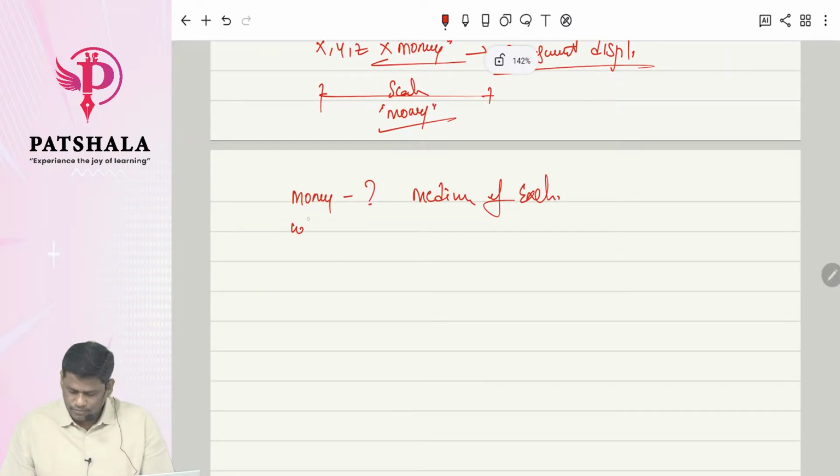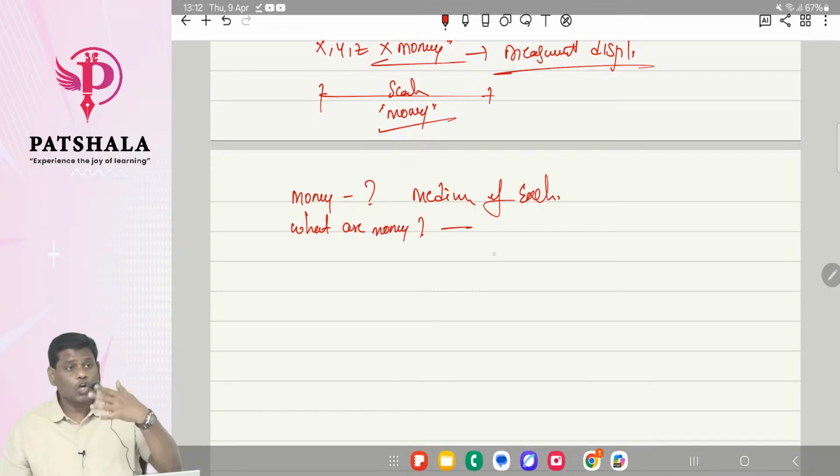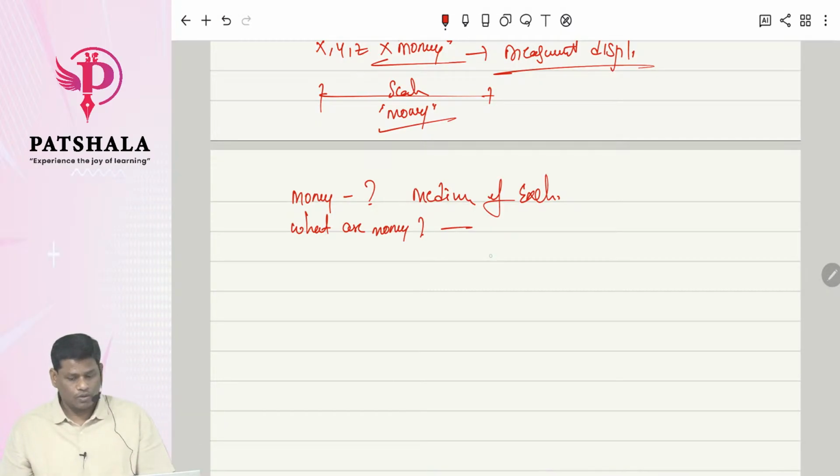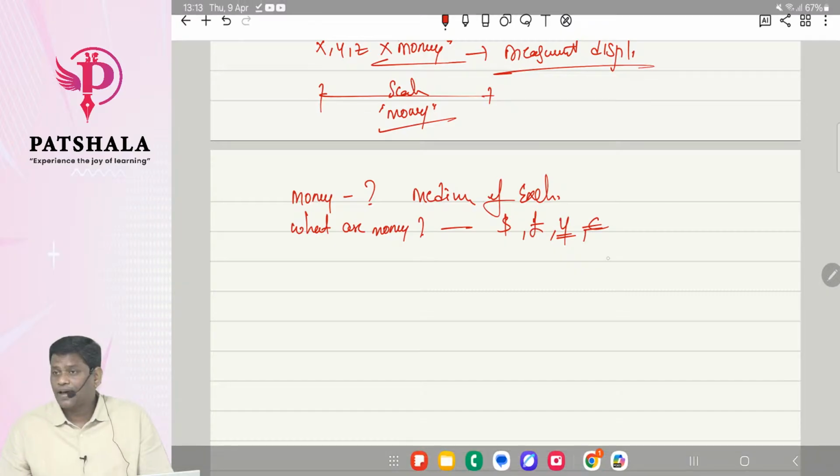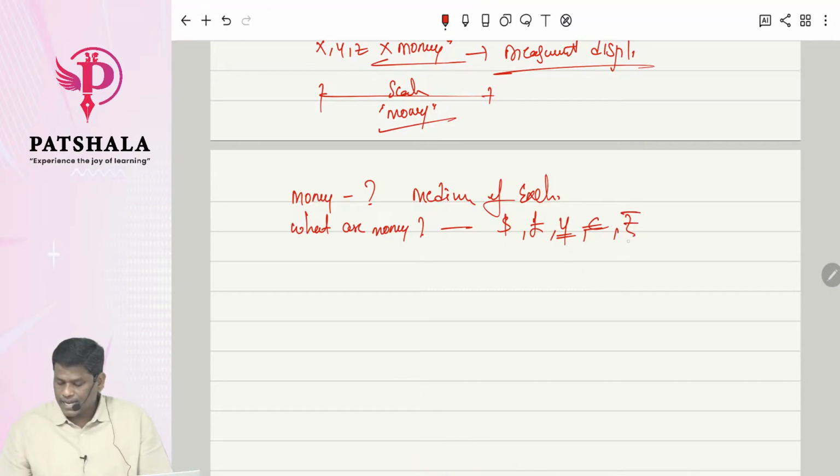What are all called money? For example, dollar is money, right? Euro, money. Yens, money. Rupees, INR, money.